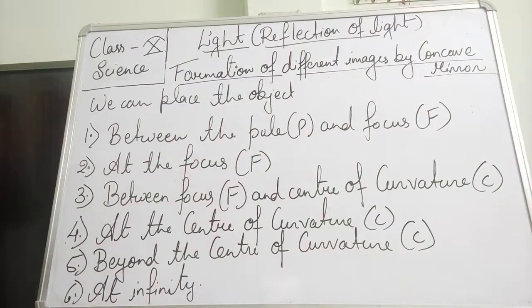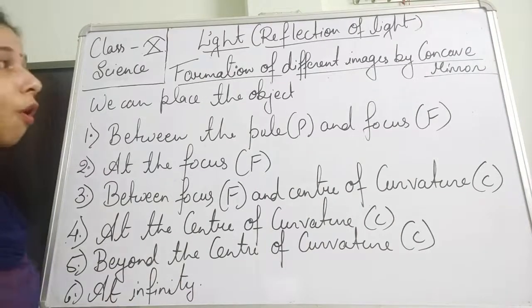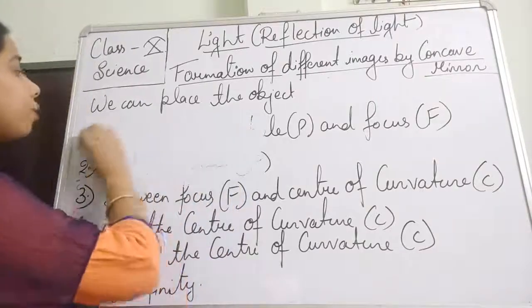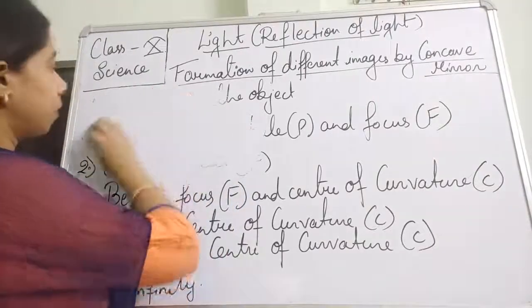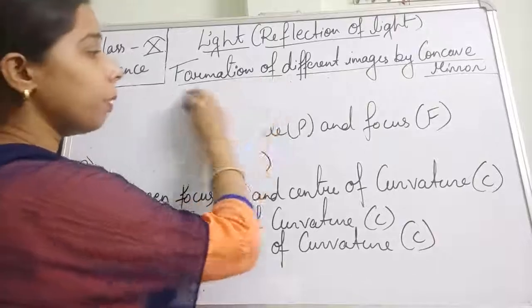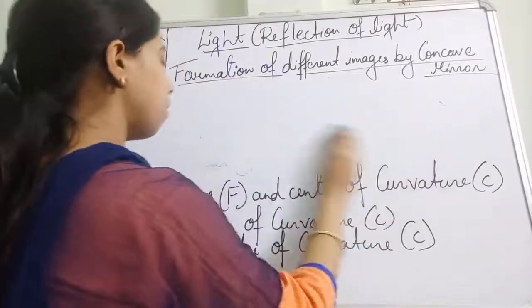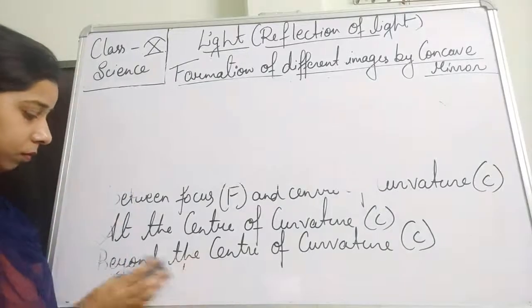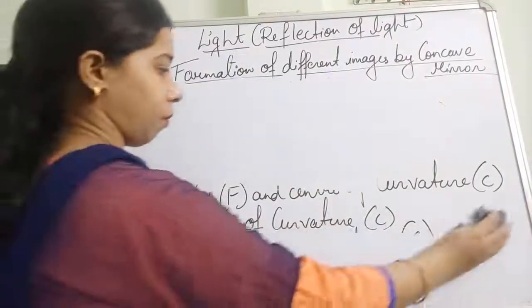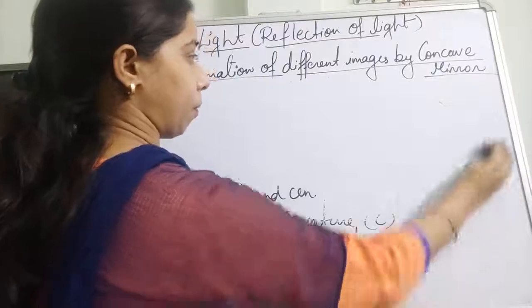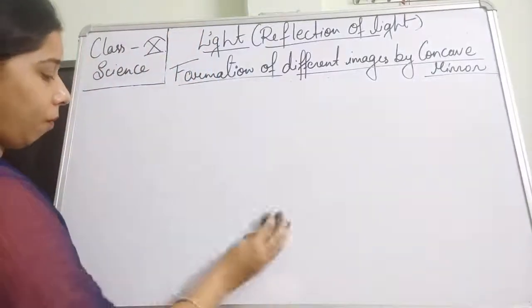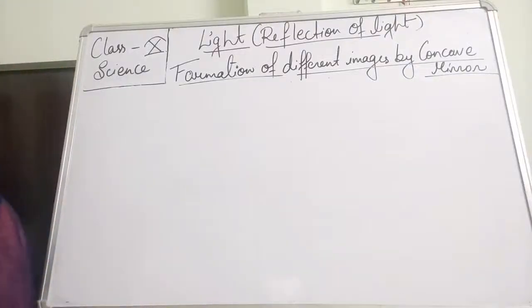So let us start with the first one: the image formed by the concave mirror when the object is placed between pole and the principal focus.